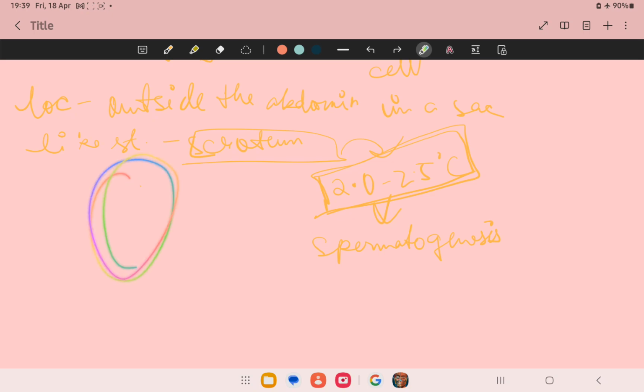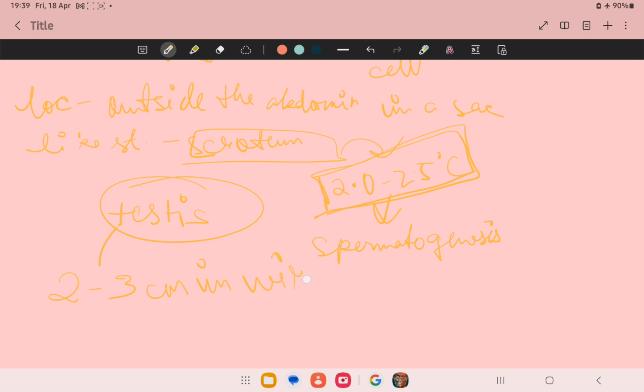It is about 2 to 3 centimeter in width, 4 to 5 centimeter in length and 3 centimeter in thickness.